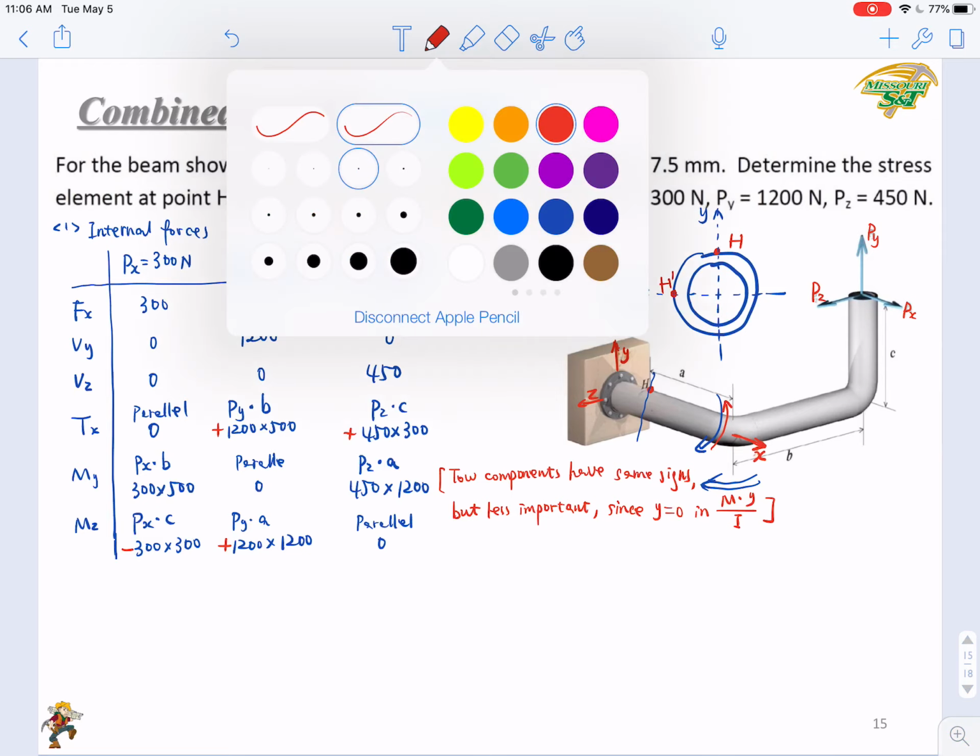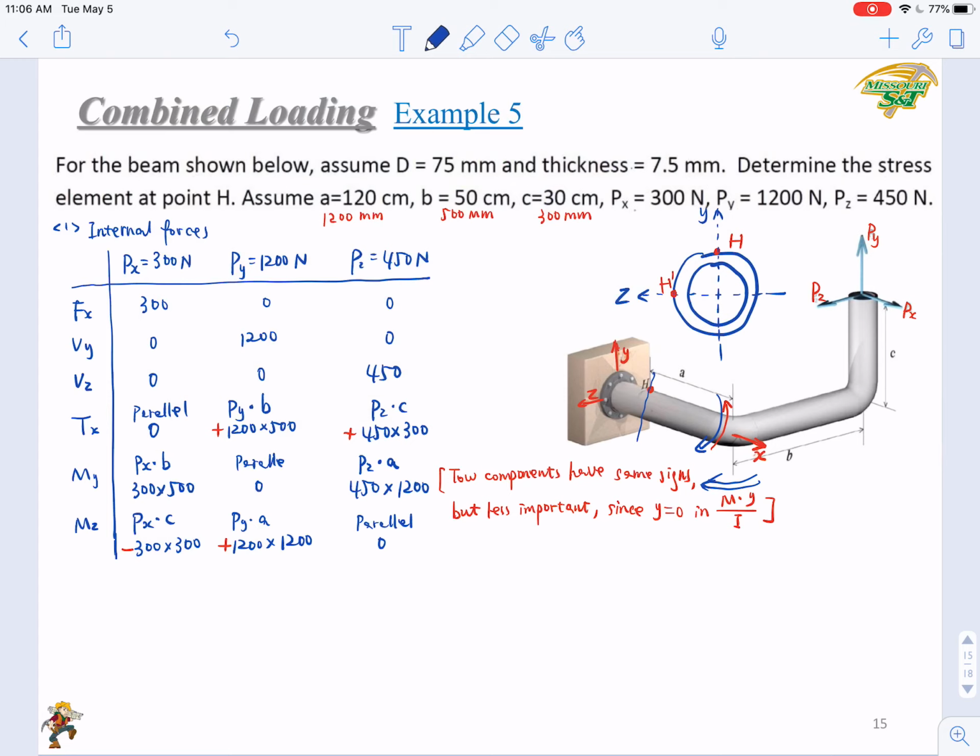So in the second step, we calculate the section properties. We know that the D is 75, and the thickness is 7.5. Then the internal diameter can thus be calculated.